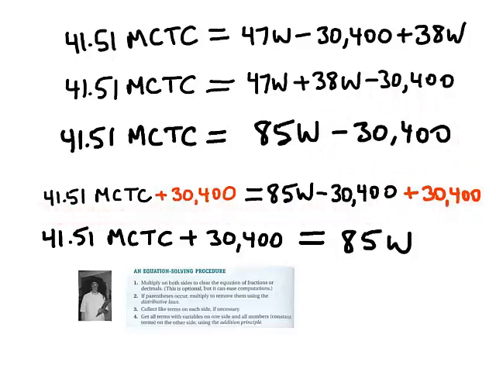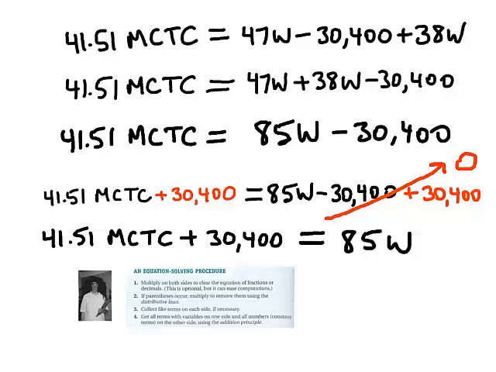I'm going to add 30,400 to the right-hand side because it's a negative 30,400 I'm trying to get rid of. So negative 30,400 plus 30,400 gives me 0. And because I added it to the right-hand side, I've got to add it to the left-hand side.